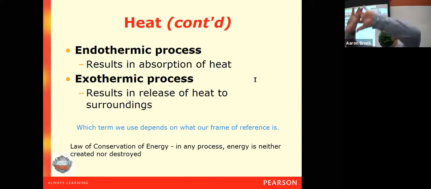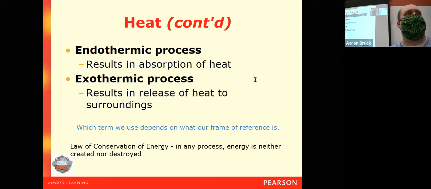If I look at the whole thing together, the end result is no net gain or loss of energy. All of the energy that was gained by the ice cube was lost by the surroundings around that ice cube. Net, no gain, no loss.